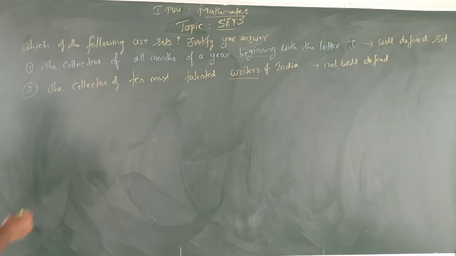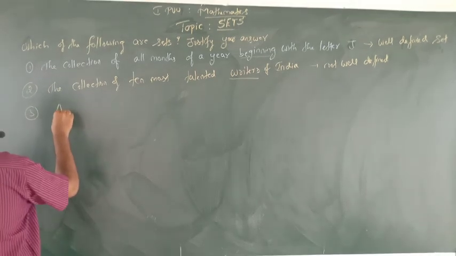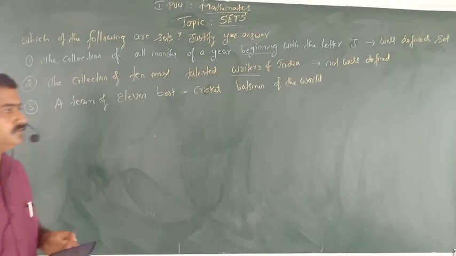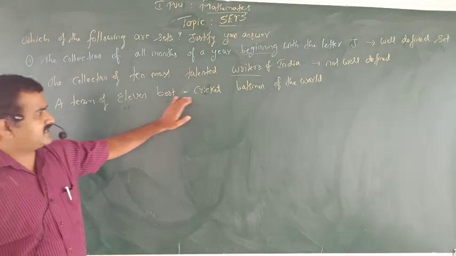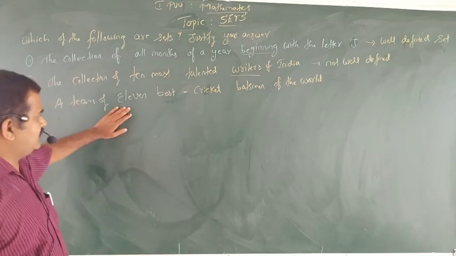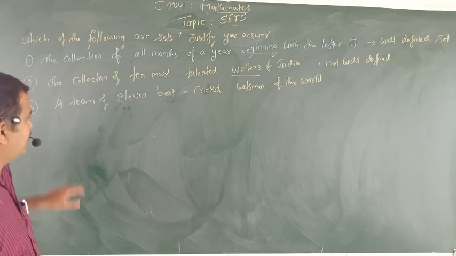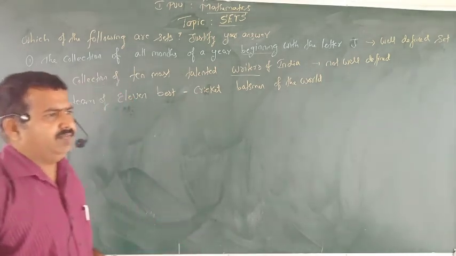Again, let me go for another one, the third. A team of 11 best cricket batsmen of the world. In the last class also we discussed this concept.